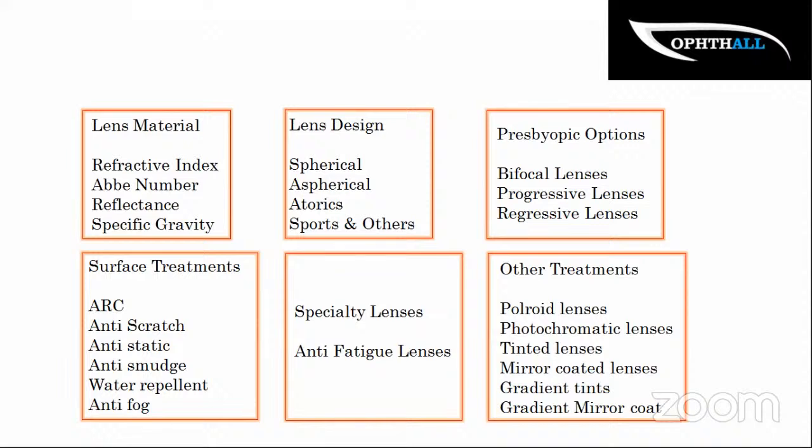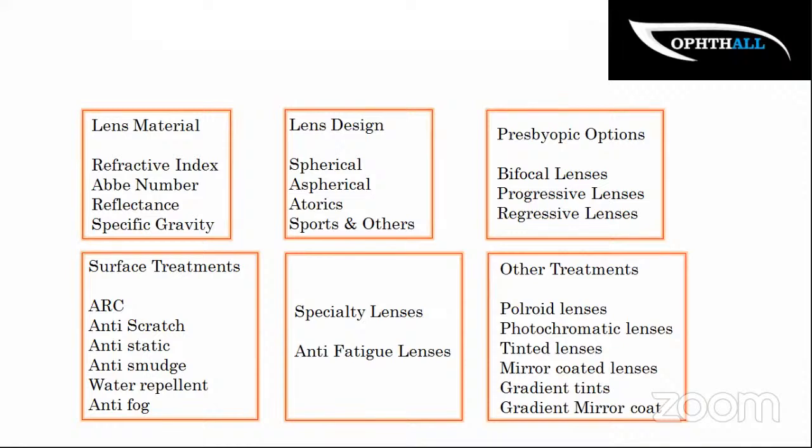Then there are surface treatments which are used for improving the optical and mechanical properties of the lenses. Anti-reflection coating is one of the most popular surface treatments that enhances the optical performance of the lenses and also prevents the loss of light because of reflection.